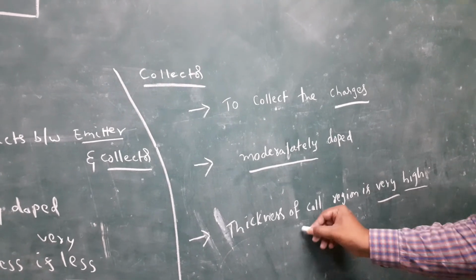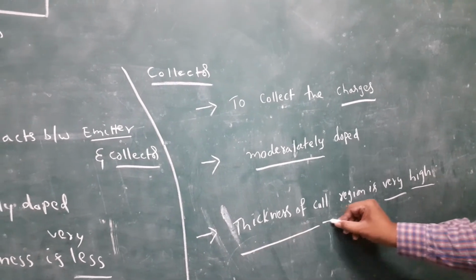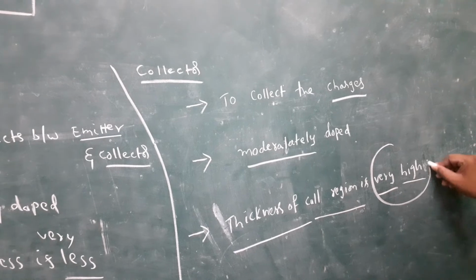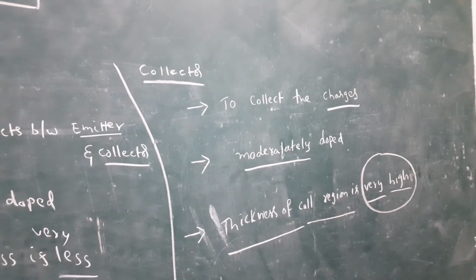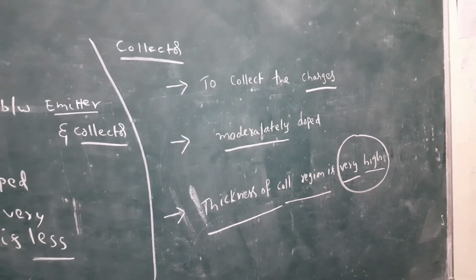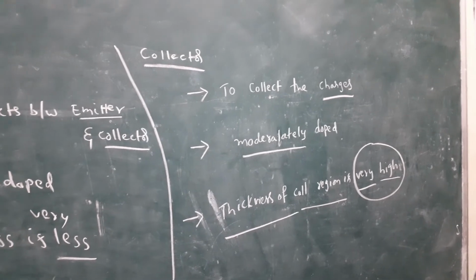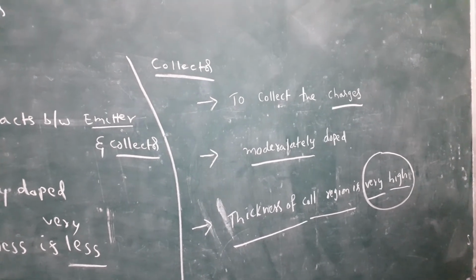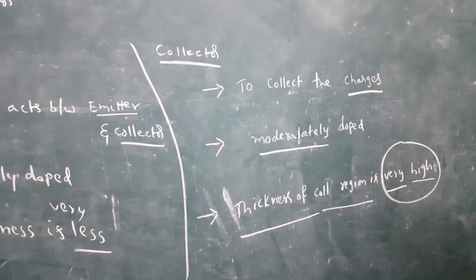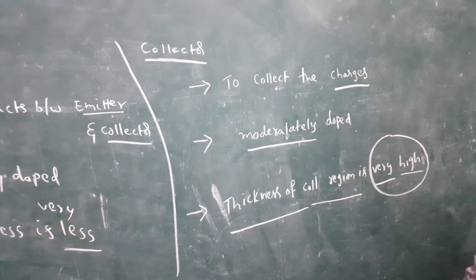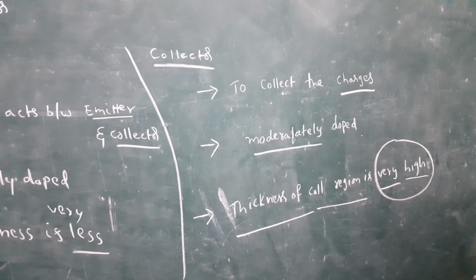So that's why the thickness of the collector region is very high compared to the base region and the emitter region. Okay, next I will discuss the working of the PNP transistor and the working of the NPN transistor.